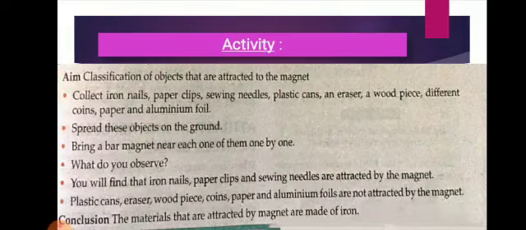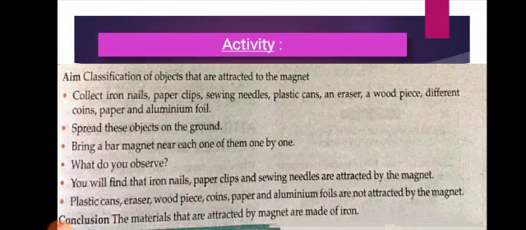Now one activity is there to see what types of objects are attracted to magnets. Collect the iron nail, paper clip, sewing needle, plastic can, an eraser, wood piece, different coins, paper and aluminium foil. Now what you have to do? Spread these objects on the ground. Bring a bar magnet near each one of them one by one.